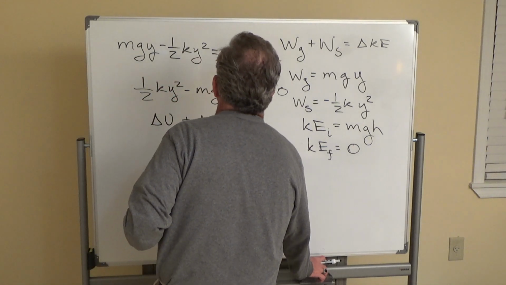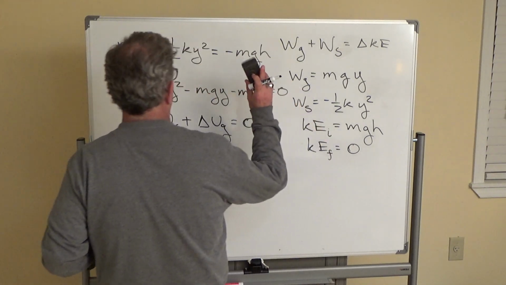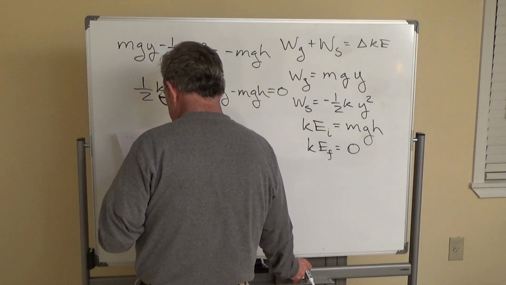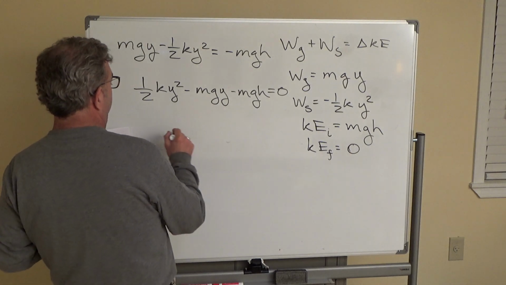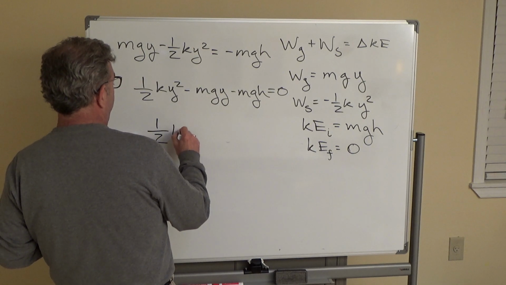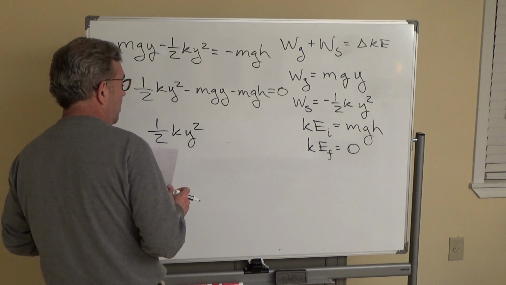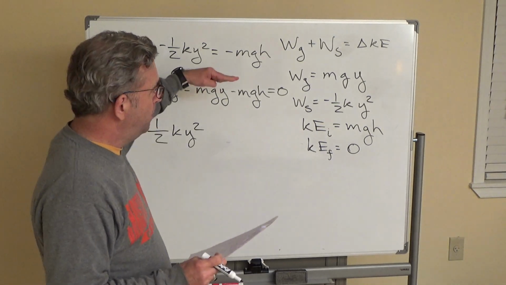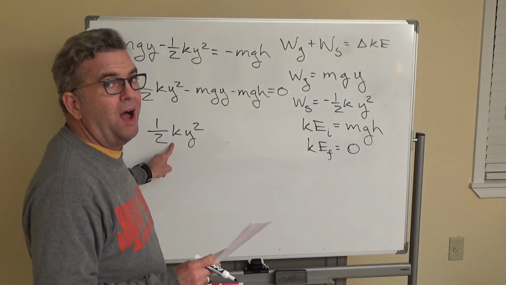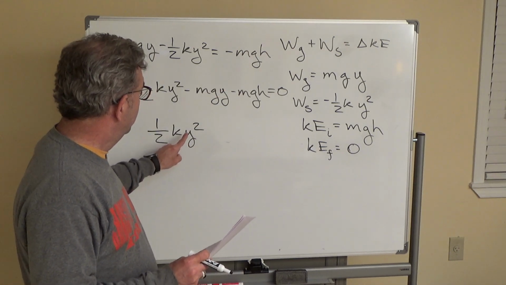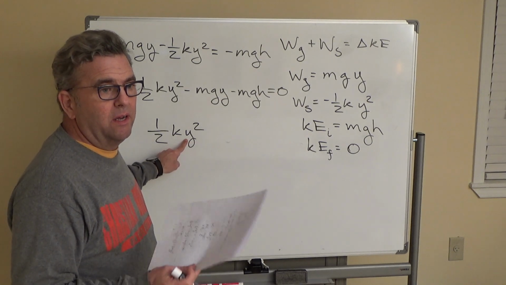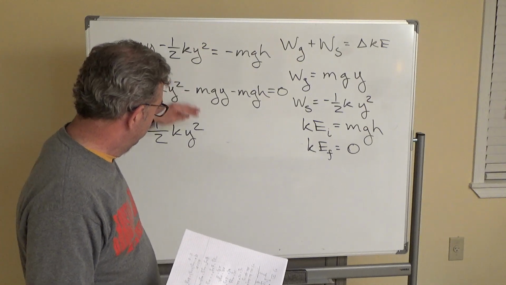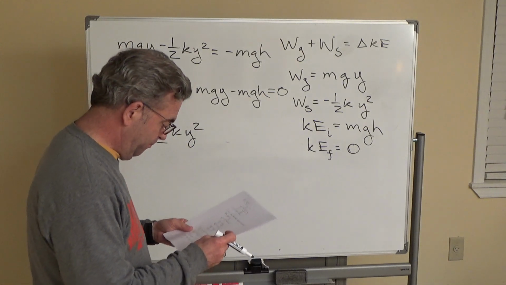What's the change in potential energy? I'm going to leave this up here. What's the change in the potential energy of the spring? 1/2 Ky squared. Okay? It went from no potential energy to a positive potential energy. I'm just making this a number that's positive. This is the distance through which the spring was compressed.